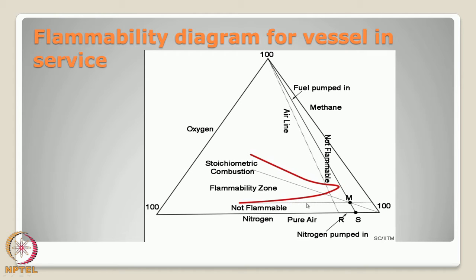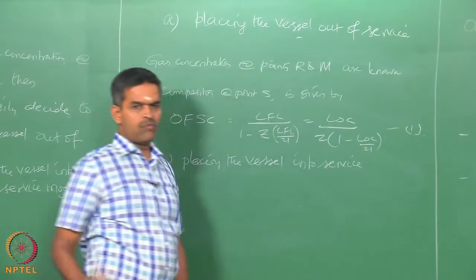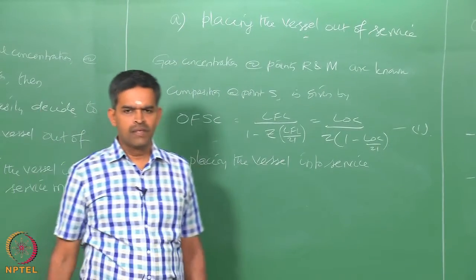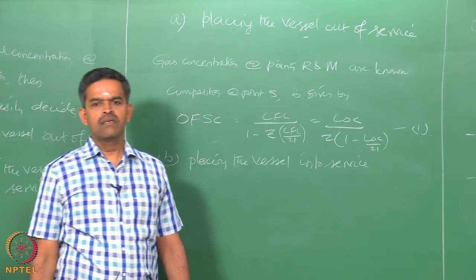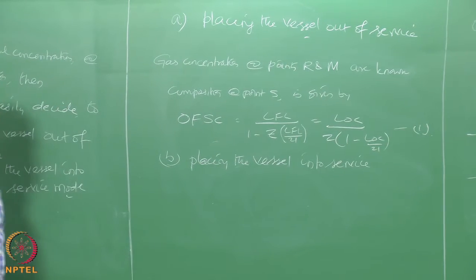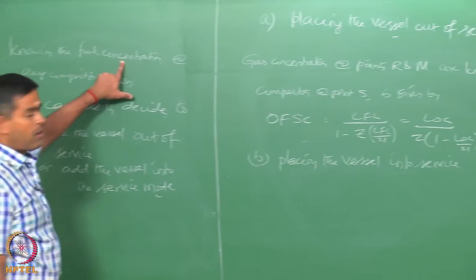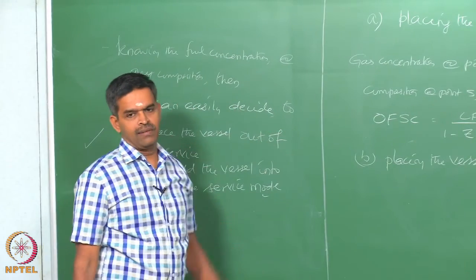So, we generally do this by pumping the fuel in, and initially you know that the vessel is placed out of service. So, there is no fuel entry into the vessel, because the vessel can catch fire or explode because of the fuel concentration of that mixture at that instant.